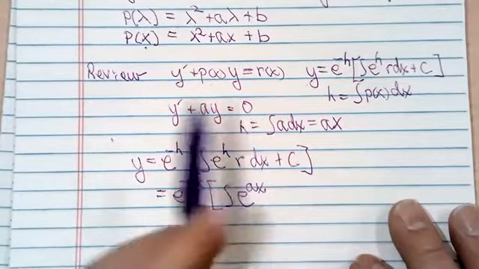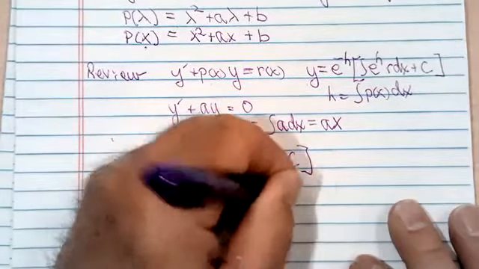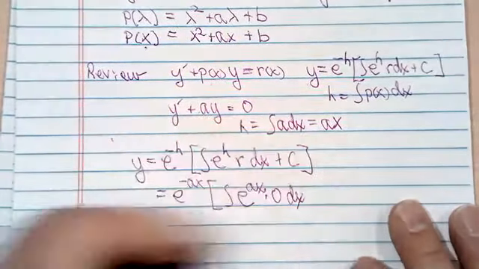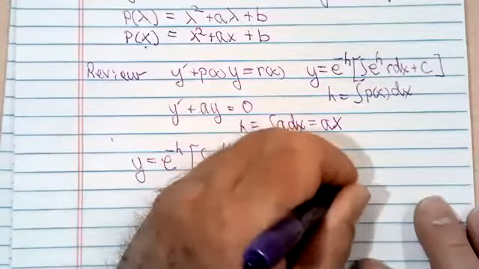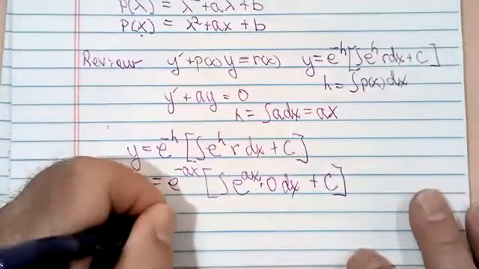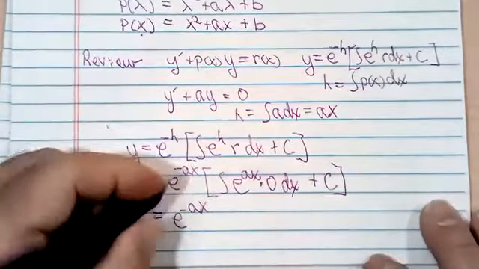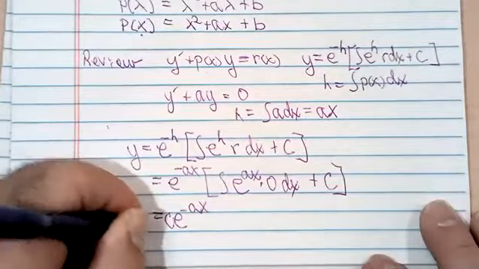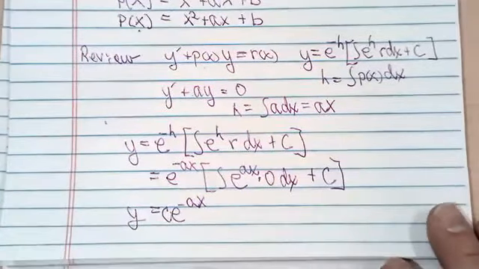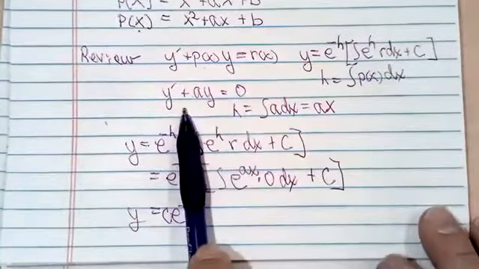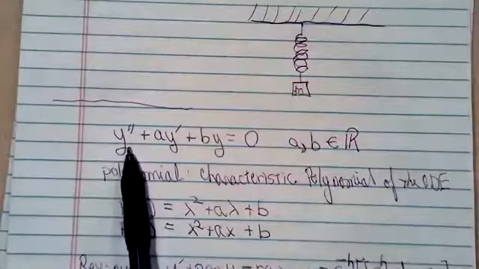The right-hand side of this equation is 0. So this whole antiderivative just drops out. And you end up with e to the minus ax times a constant. So there's the general solution to this one, which is the analog to what we're looking at, except we're going to be looking at second order and this one is first.